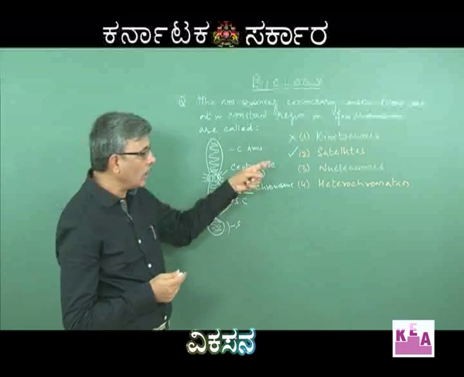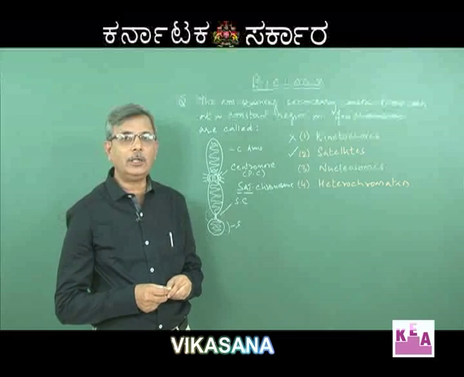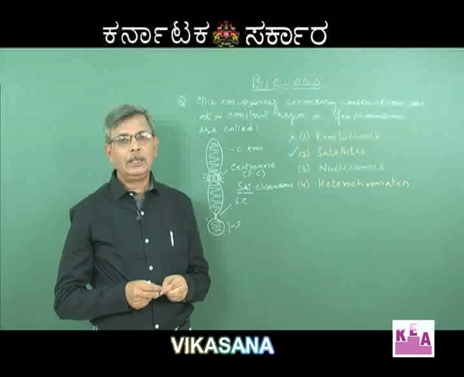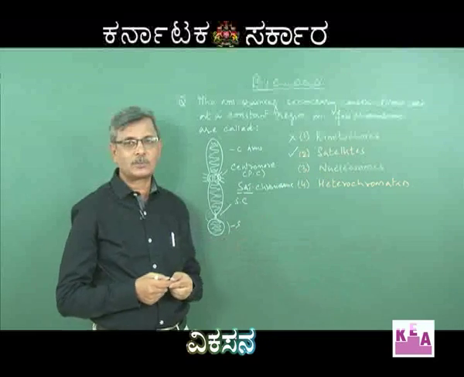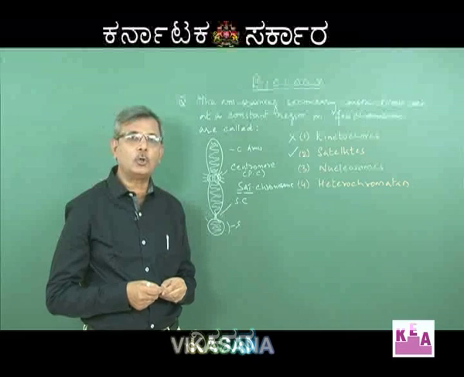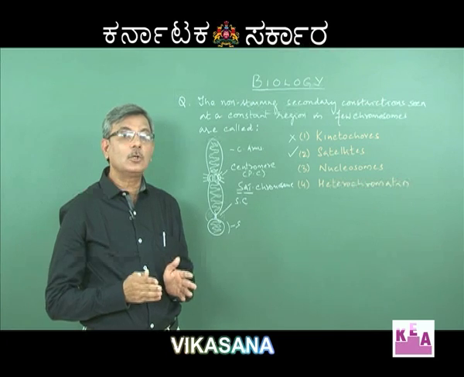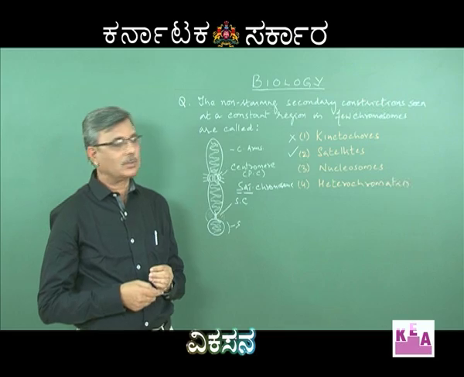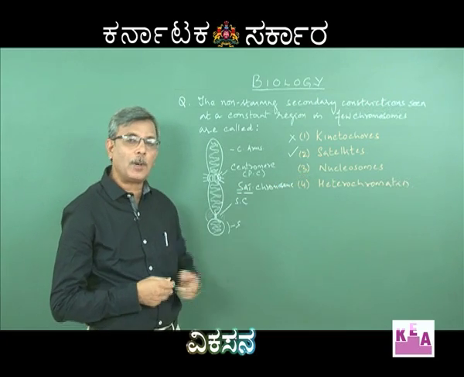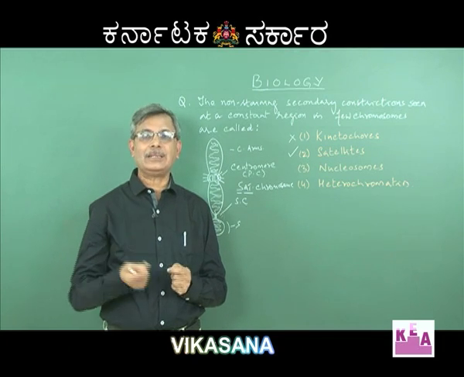Now we look into the other options, nucleosomes. In the 12th standard, in molecular basis of inheritance, you have spoken about nucleosomes with respect to eukaryotic chromosomes. Ultrastructural units of eukaryotic chromosomes are called nucleosomes. Nucleosomes are made up of histone proteins and DNA.